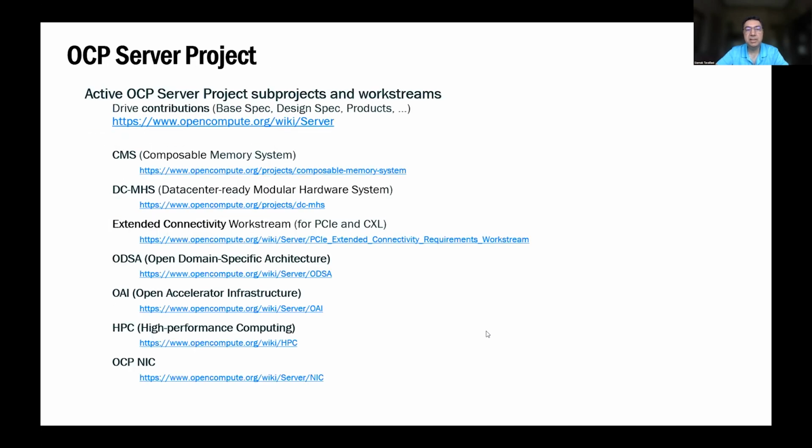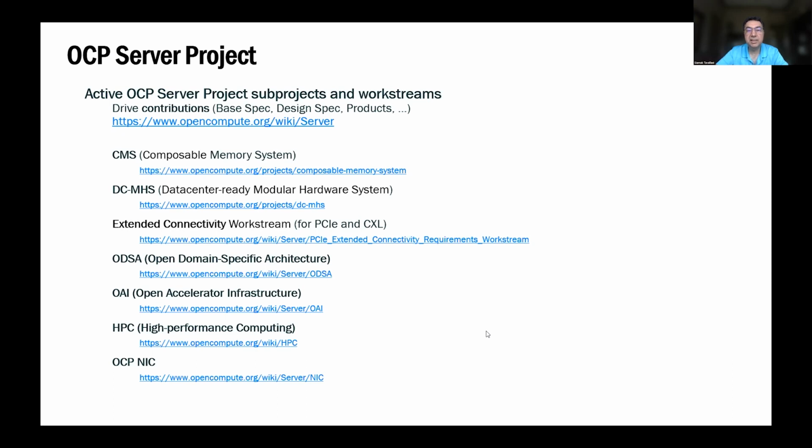Within OCP, we also have a related project structure. Specifically, the OCP Server Project includes a number of work streams and sub-projects that benefit from technologies such as CXL. For example, composable memory system, and then modular hardware system, which covers mechanical and system features.